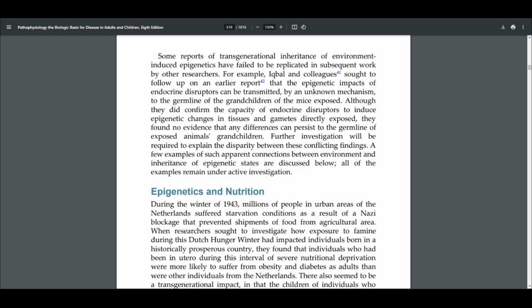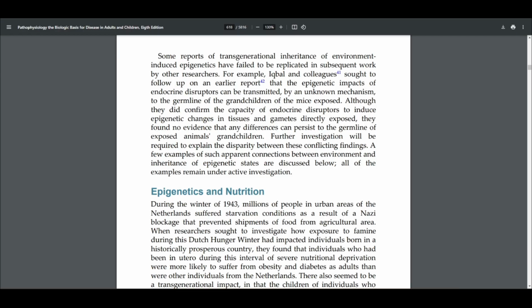Although they did confirm the capacity of endocrine disruptors to induce epigenetic changes in tissue and gametes directly exposed, they found no evidence that any differences can persist to the germline of exposed animals' grandchildren. Further investigation will be required to explain the disparities between these conflicting findings.